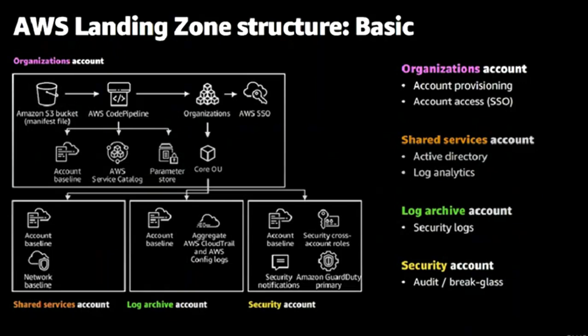Through the organization, you're going to create the organizational unit. In the organizational unit, we're going to have the shared service account, log account, and security account. In the shared service account, we're going to create the account baseline and the network baseline. On the log account, you're going to have CloudWatch, CloudTrail, and AWS Config.